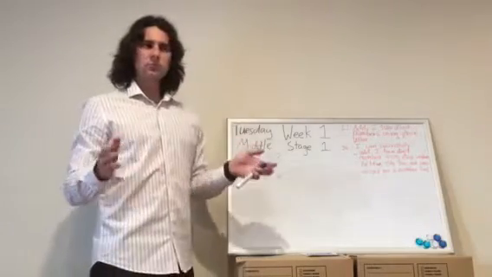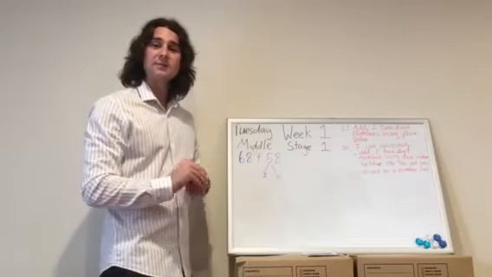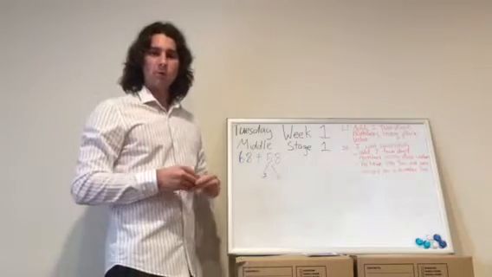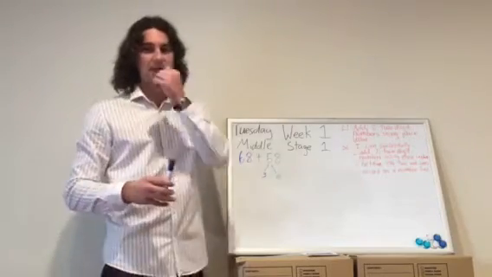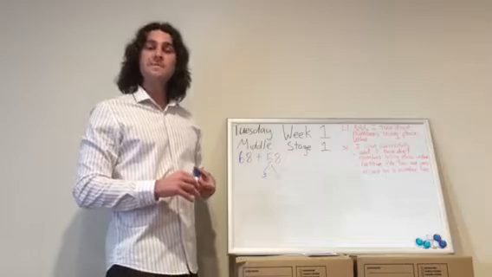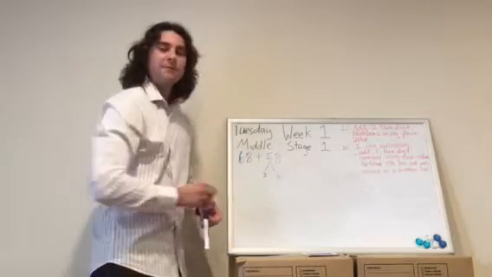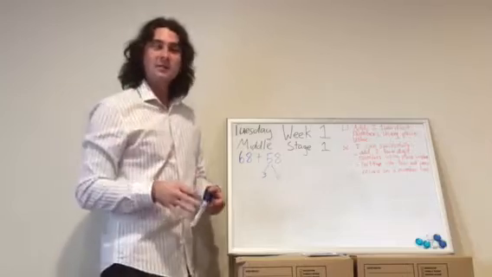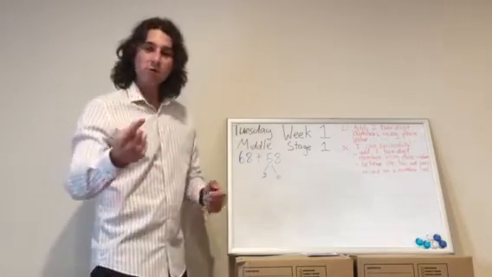What is 6's friend of 10? 6's friend of 10 is 4. That means that 60's friend of 10 is going to be 40. So 6's friend of 10 is 4, but since we're in the tens column, it isn't 4, it is 40.